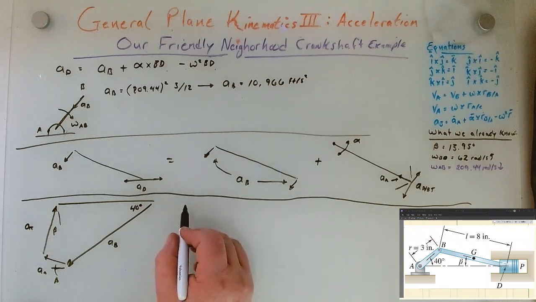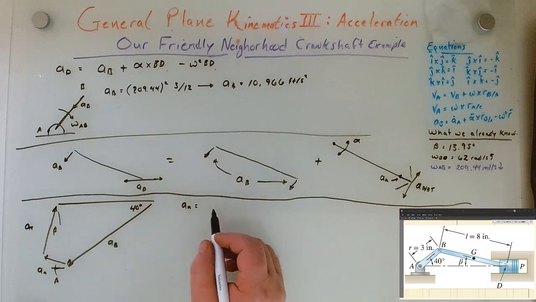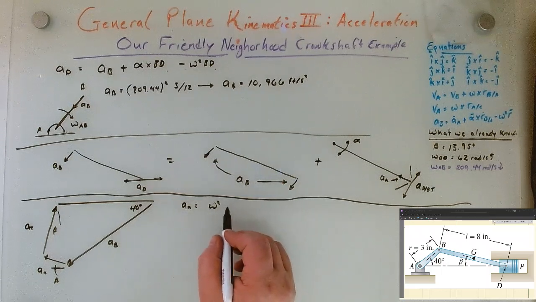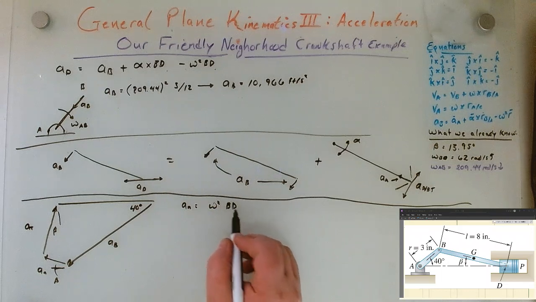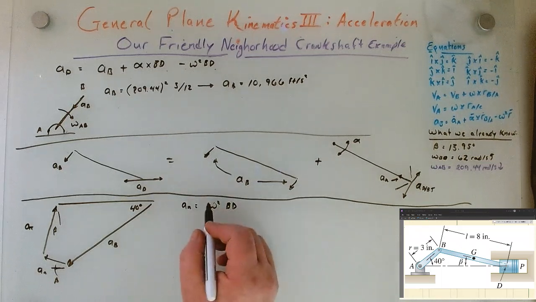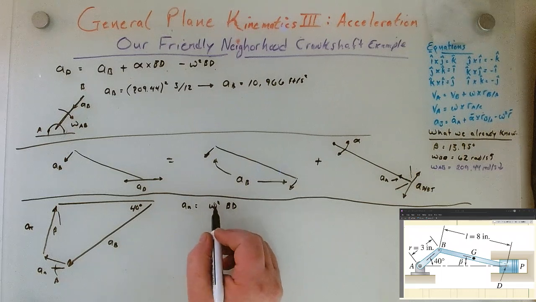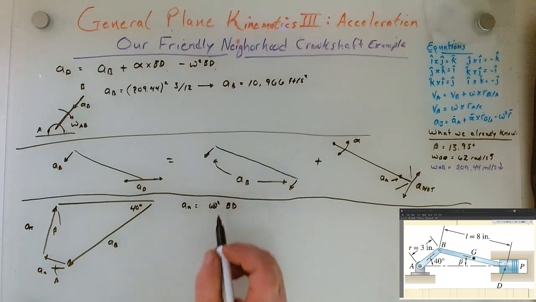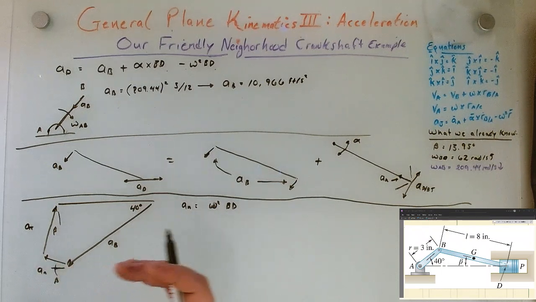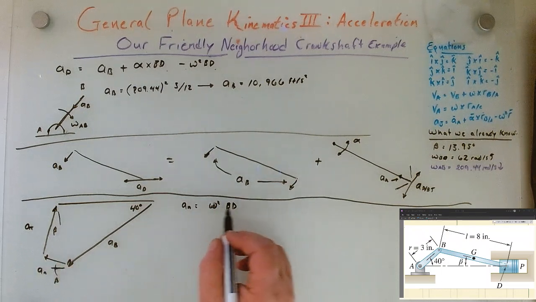Okay, so a sub n, that is omega squared BD. And for the time being, I'm going to leave these as just numbers so that we can do these calculations, because it's going to take a second to untangle the i and j components. We'll do it, but let's just wait a second.